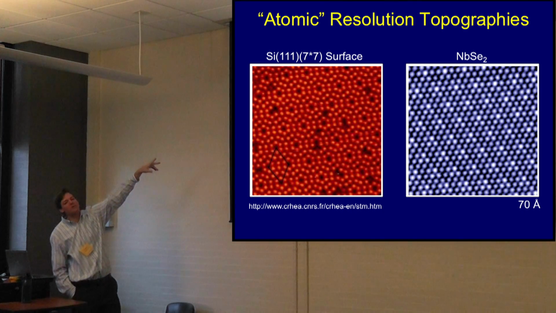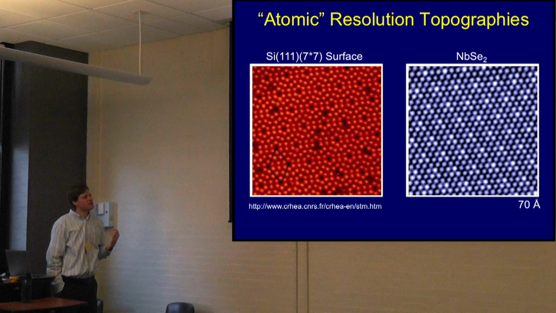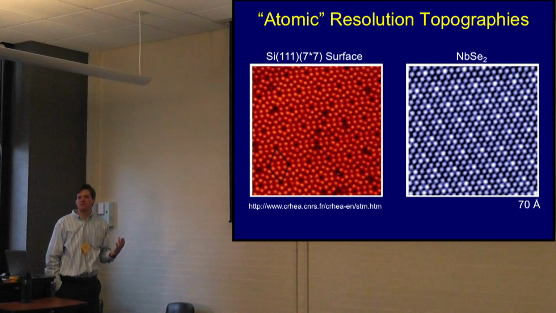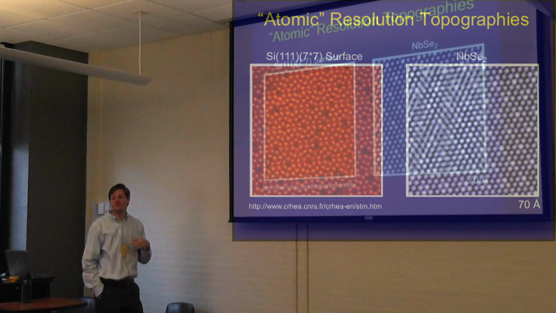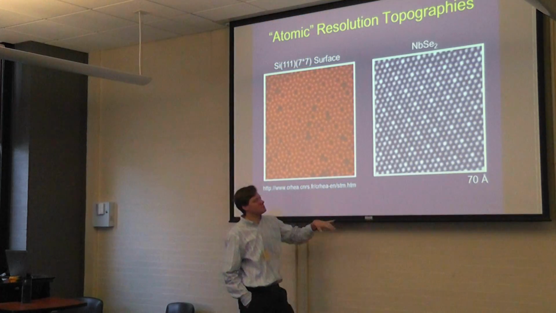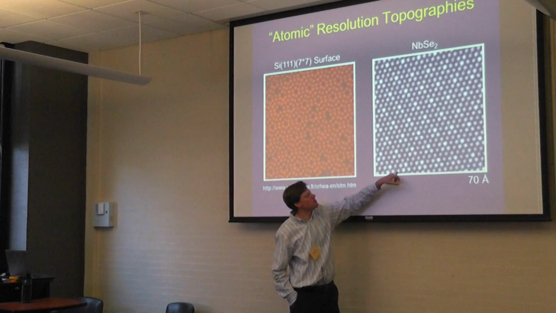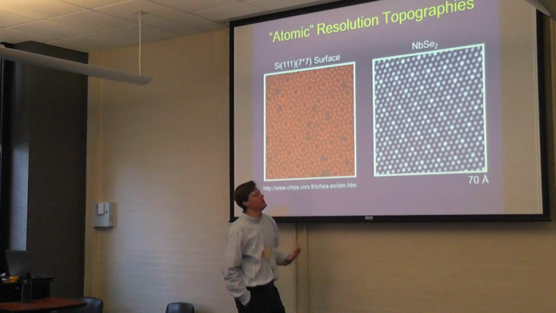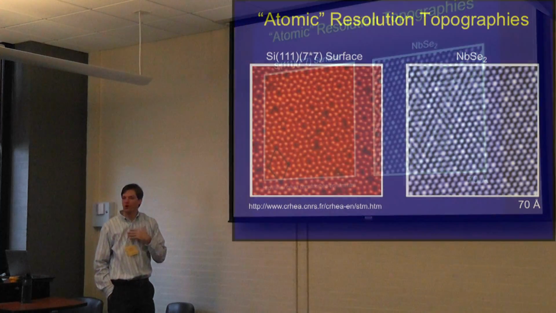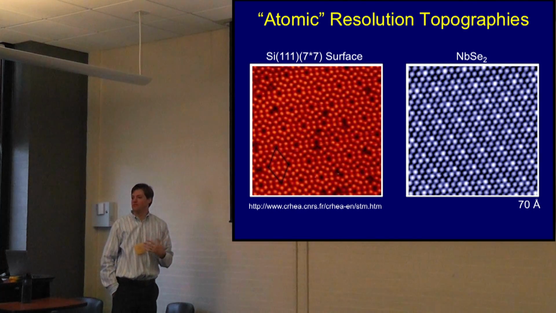You can see I put atomic in quotes, because I want to emphasize that what you're really sensitive to are electrons. Electrons often like to stay around the atoms, so the nuclei. Each of these regions represents where an atom actually is, but we only know the atom's there because we detected electrons.